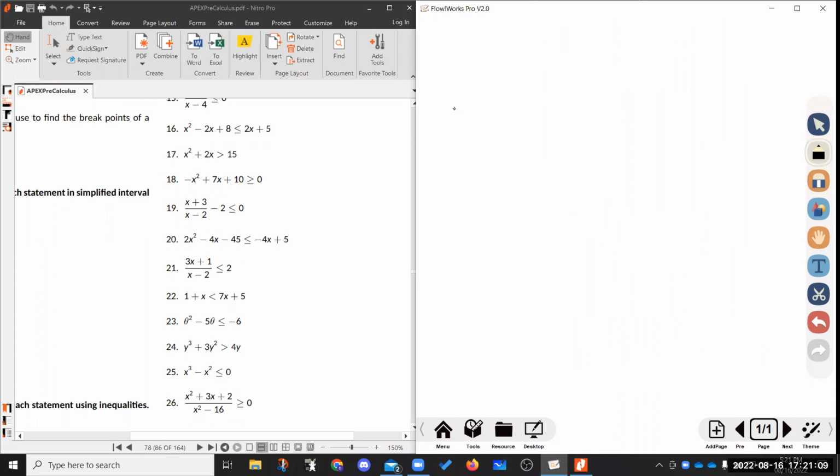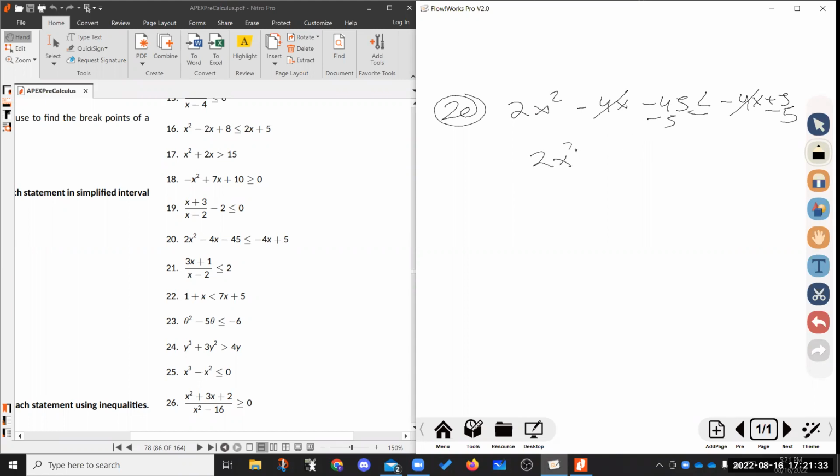On to number 20. 20 says 2x squared minus 4x minus 45 is less than or equal to negative 4x plus 5. So when we add 4x to both sides, that goes away. We subtract 5.